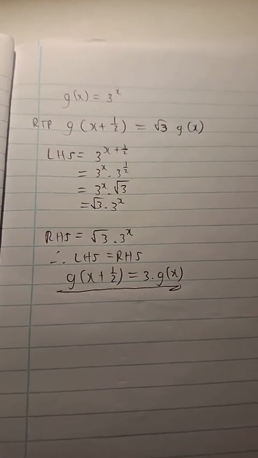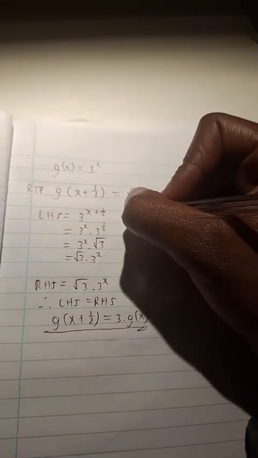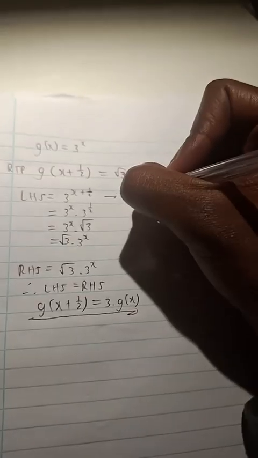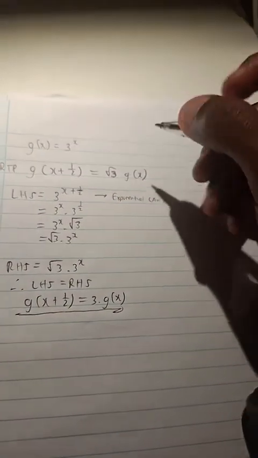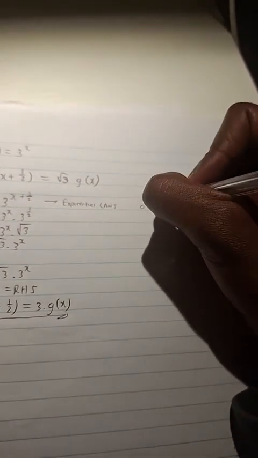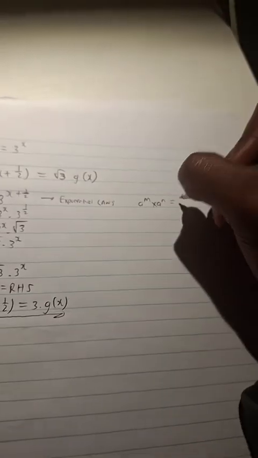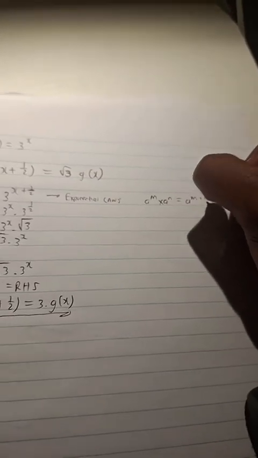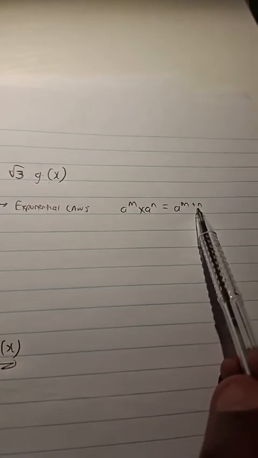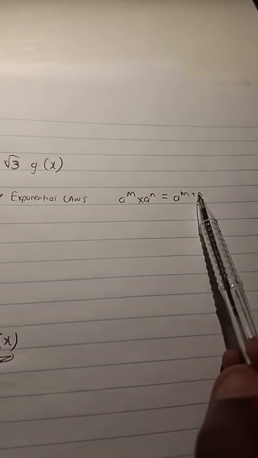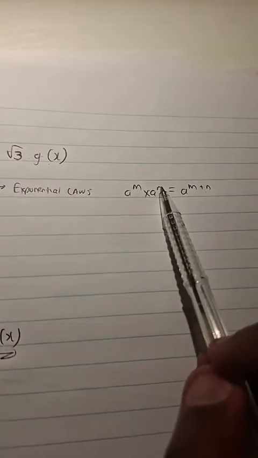Could they want anything more than that? Now imagine exponential laws are forgotten. You see, all of this is the one that's playing a role now. I used the reverse of the law: a to the power m plus n is equal to a to the power m times a to the power n.